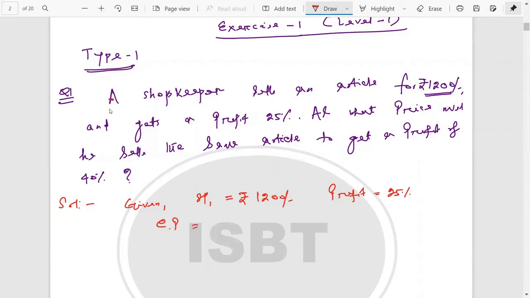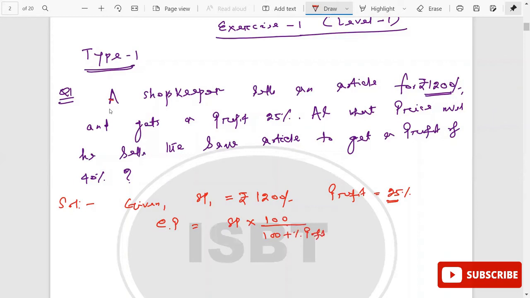So according to the formula, when the profit is given, cost price is equal to selling price into 100 by 100 plus percentage of profit.